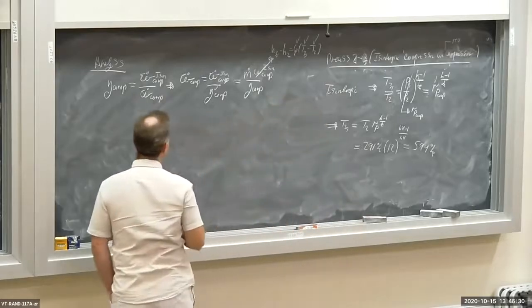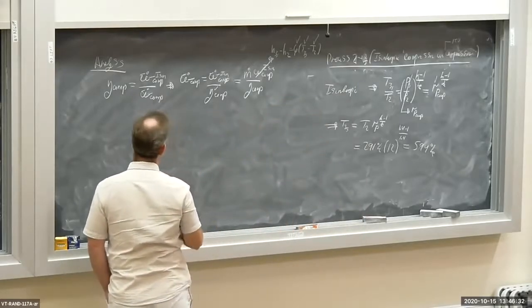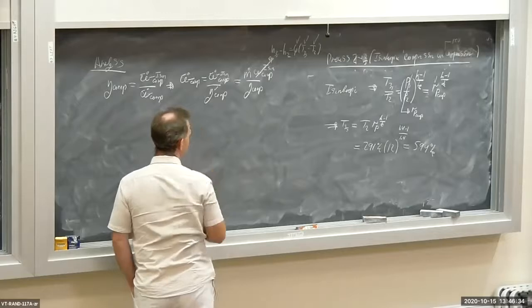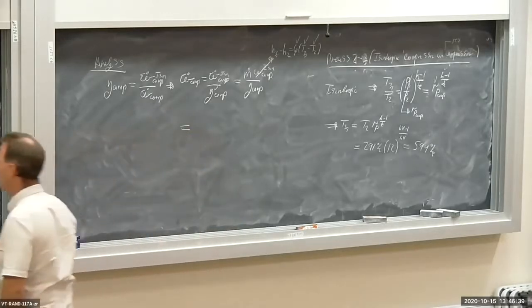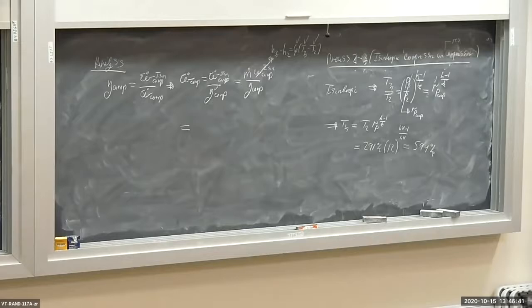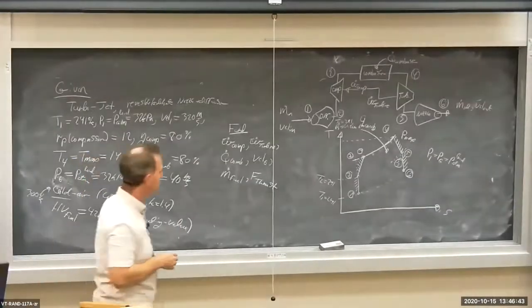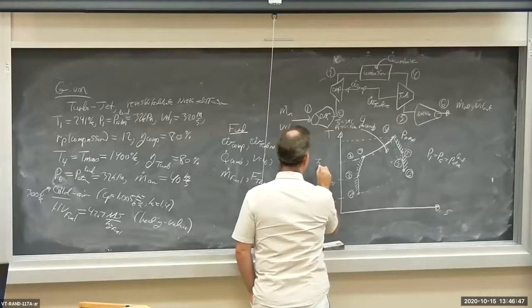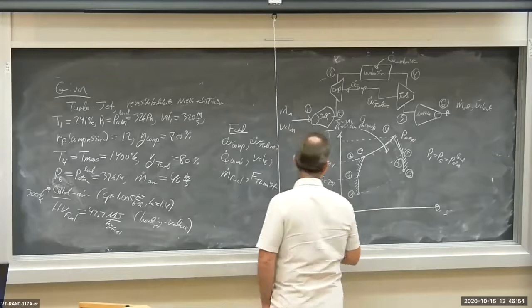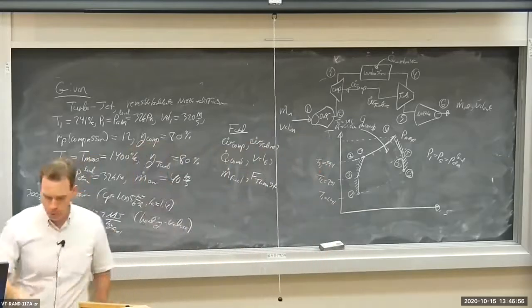I can calculate the compressor power now. Actually, let me put this temperature, T3s, 594, in my diagram. Okay, I might need that. Who knows?